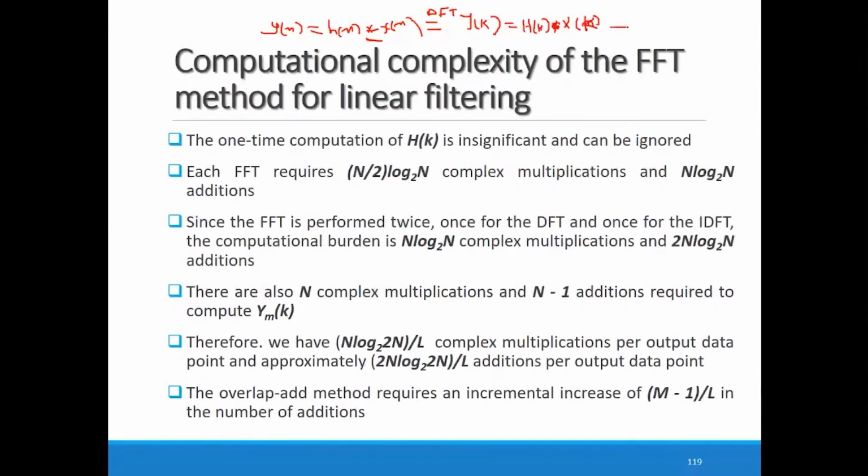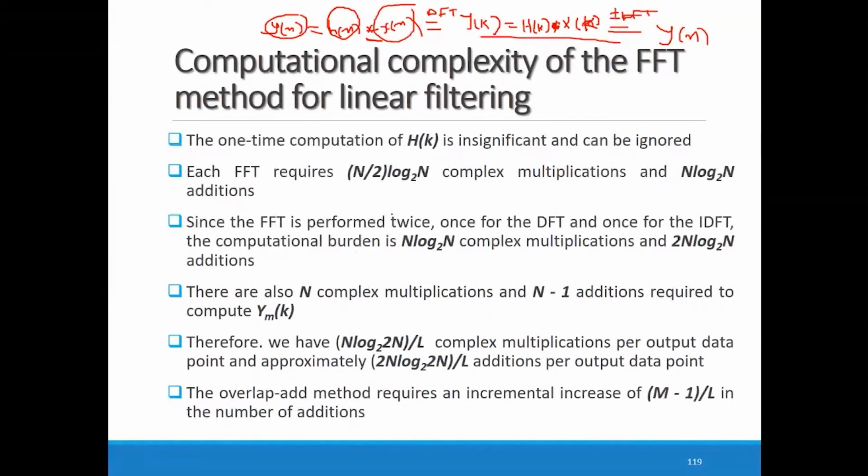Our requirement is y of n, so again we apply the IDFT, and this Y of k is directly converted into y of n. This is the process we perform in linear filtering. Linear filtering means we apply the filter response to the data sequence, but we perform this task in the frequency domain, and then our output must again be in the time domain.